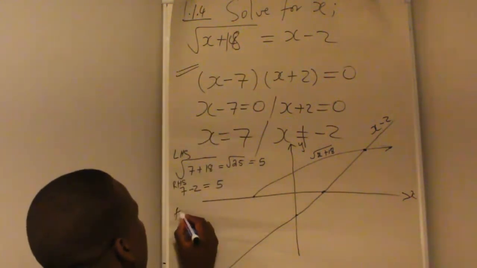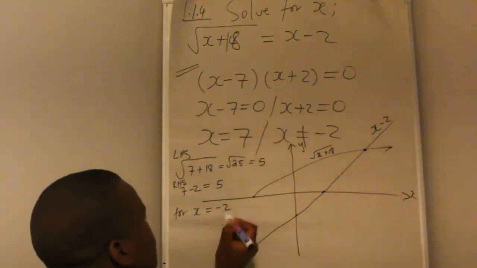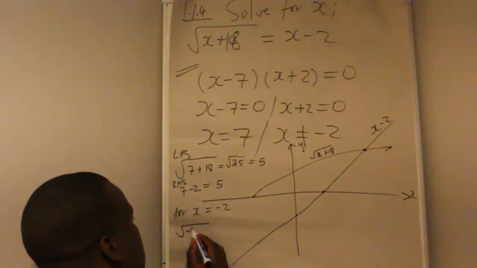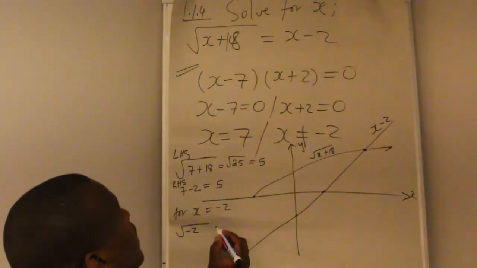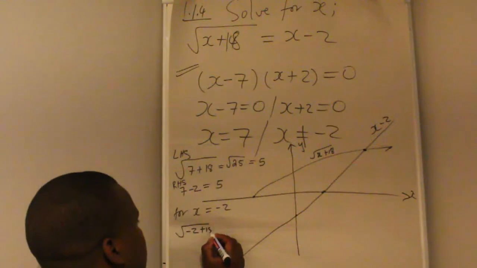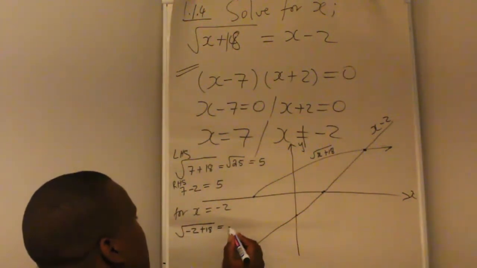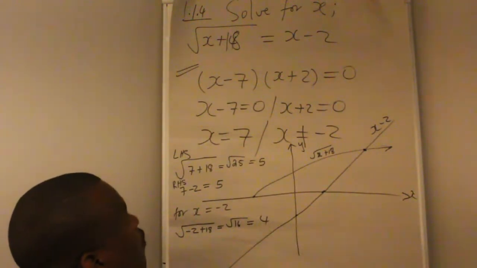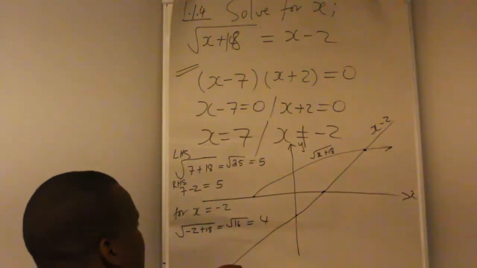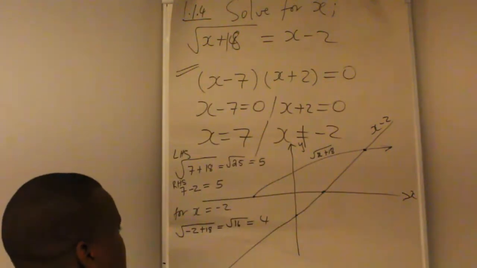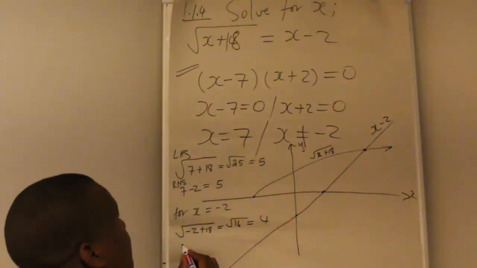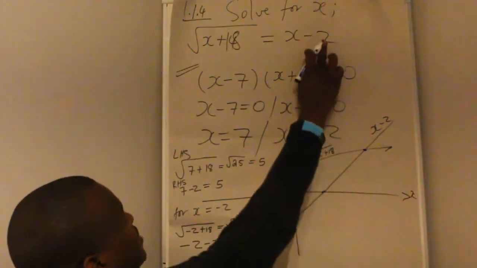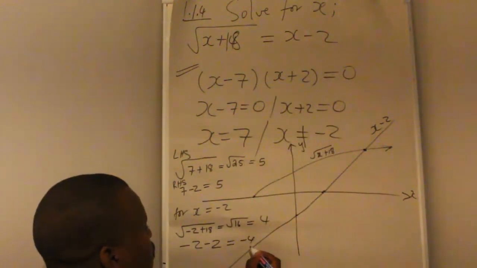Now for x is equal to minus 2. The square root of minus 2 plus 18 is equal to the square root of 16, which is equal to 4. Then, on the right hand side, we have x, which is minus 2, minus 2, which is equal to minus 4.